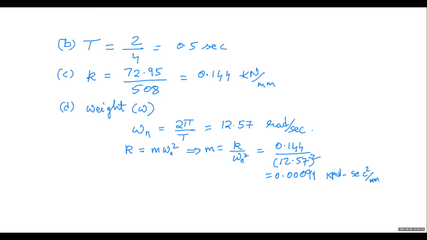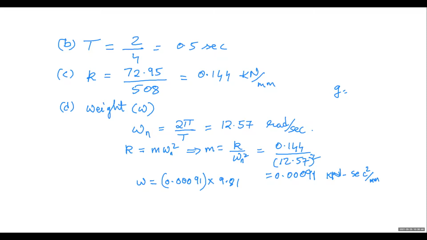So here the weight equals 0.00091 into 9.81, where 9.81 is the acceleration due to gravity that you have to multiply over here. What are the units for this?